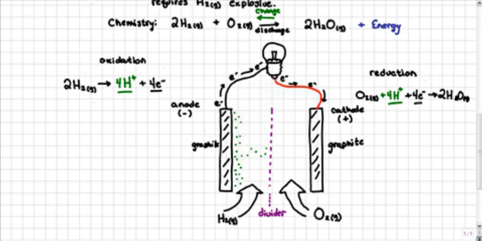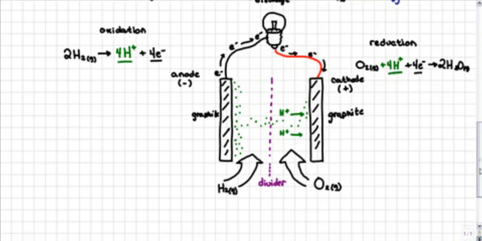However, the hydrogen ions themselves are able to migrate through this porous barrier and reach the other side, where they can then combine with the oxygen and the electrons that are arriving on the cathode to create the water vapor that is produced as a byproduct.